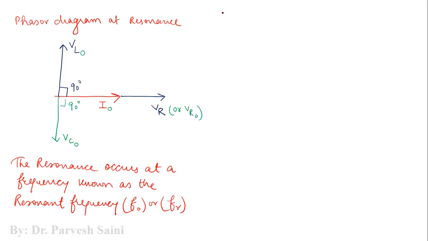Now, how will we derive the expression for this resonant frequency? That is the question now. The equation for the FR or F naught is derived as follows.